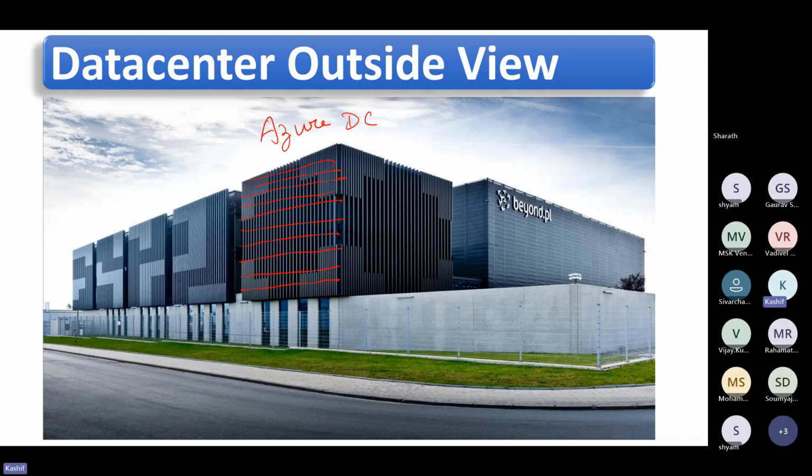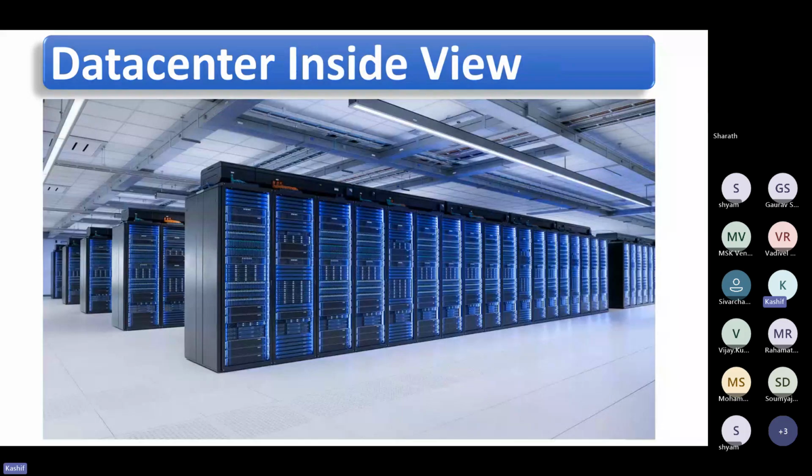Let's assume the first two floors are for Intune, the first one and the second one. So Intune services are running on these two floors, dedicated to Intune. So this is the inside view of the data center.